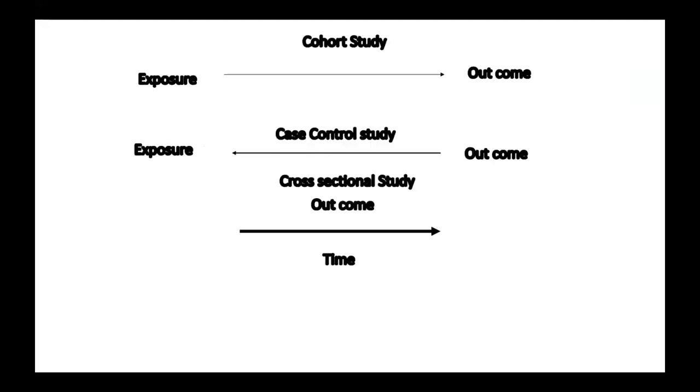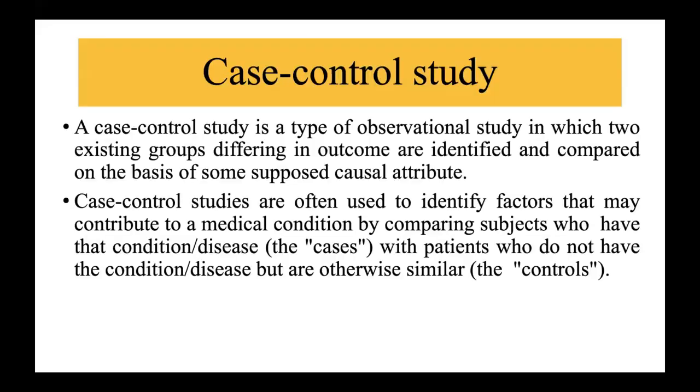Now there is an outcome. Suppose there is cancer. I want to see what the exposure is, why the cancer is happening. So in this way, we will search for the people who are suffering with the disease, and check similar people with or without the disease for those things.